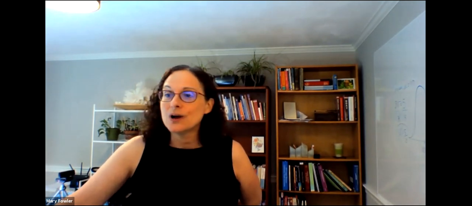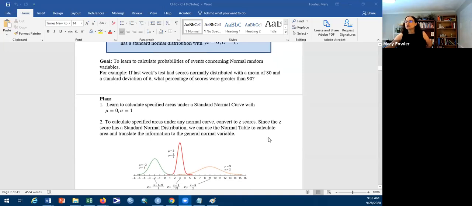But the idea is that we would like to use the normal distribution to answer questions like, if last week's test had scores that were normally distributed with a mean of 80 and a standard deviation of 6, what percentage of scores were greater than 90? We would like to be able to answer that question. However, we're going to take a planned approach here. We're going to first learn to calculate specified areas under the standard normal curve.